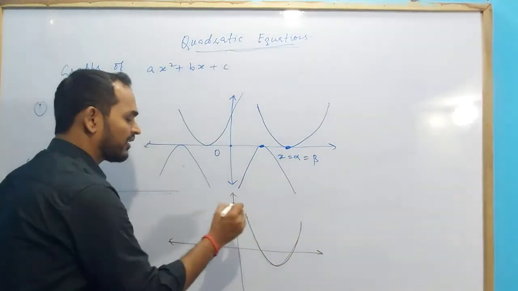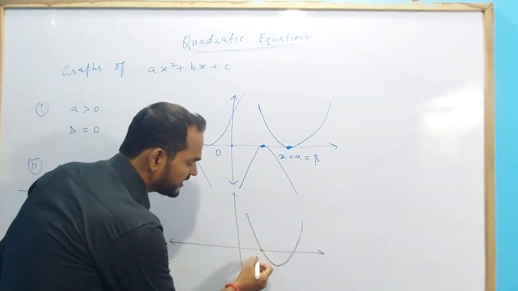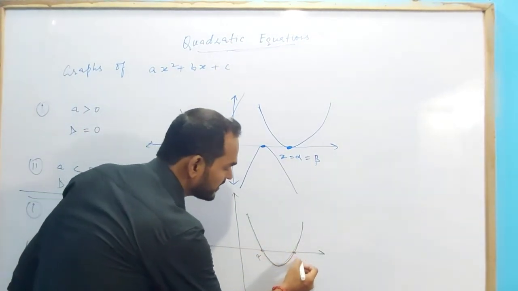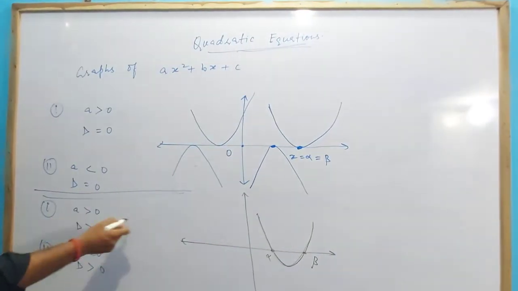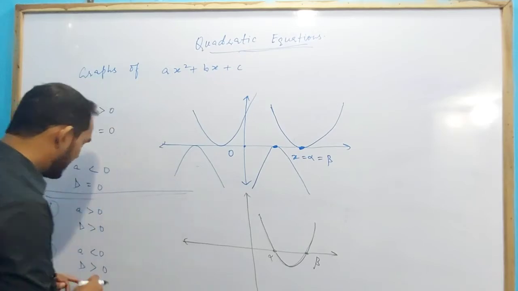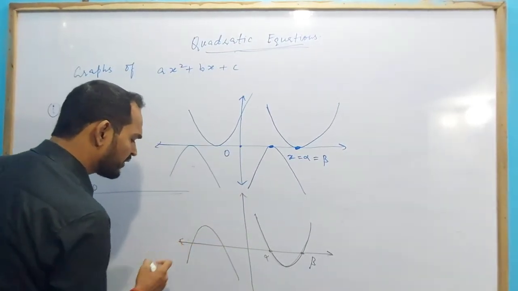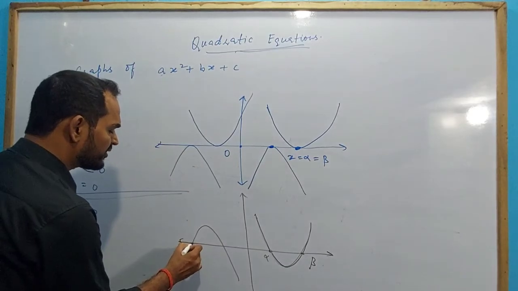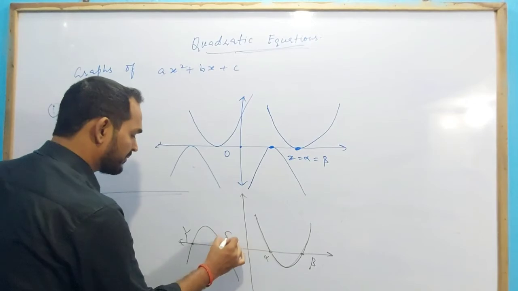So this will become one place, let's say alpha, and this will become the other place, let's say beta. So in this case the graph will be like this, and in this case the graph will be something like this. Let's say here is some point gamma, here is some point delta.